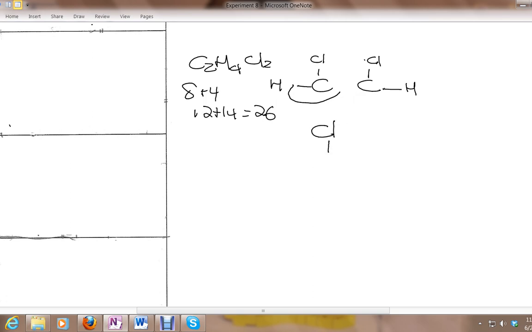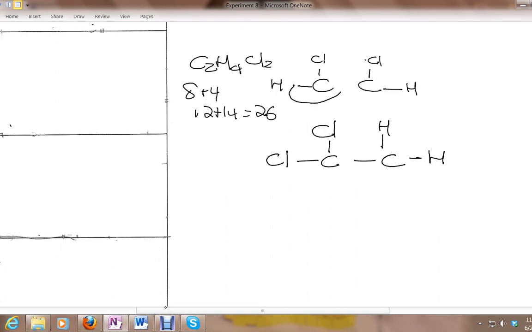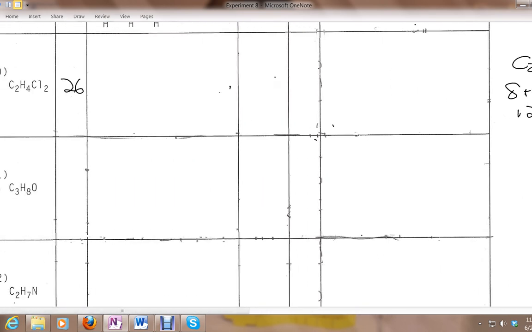So it's going to be C, Cl, C, Cl, H, H. You see, that is a structure. Now, if I rotate the molecule, even though this is a double bond, by the way, and it goes down or here, it's the same. If the chlorine is still on this carbon, the only way it would be a structural isomer is if this chlorine would be on the same carbon as this one. That's the only way. So yes, there is, but it's only two isomers.